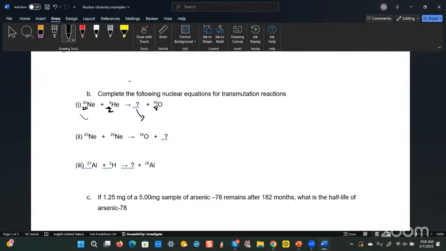You have a total of 22 here for the atomic number, and you have 8 here. So what would be the atomic number of this element? I'm sorry? 14, exactly. And what would be the mass number? Because here you have a total of 24, 20 plus 4, and here you have 16. So what would be the mass number of the element here?